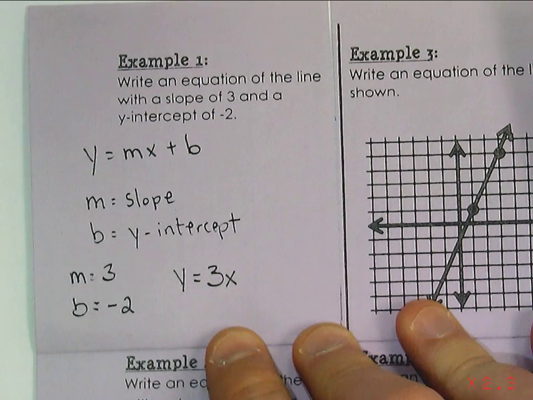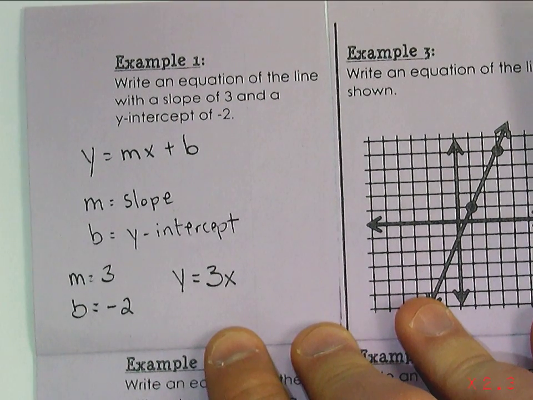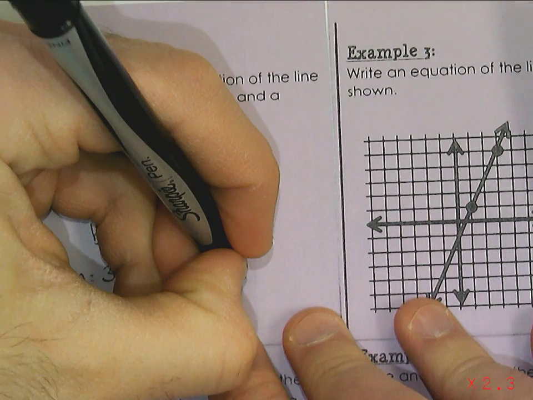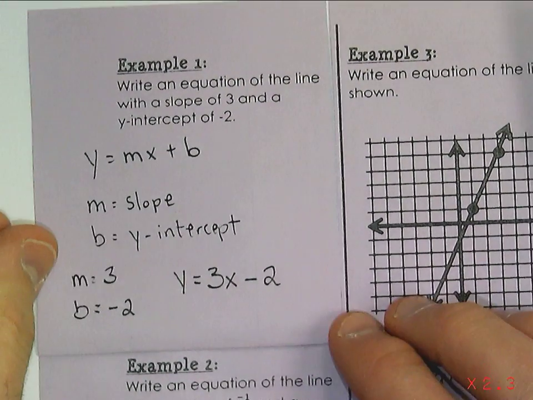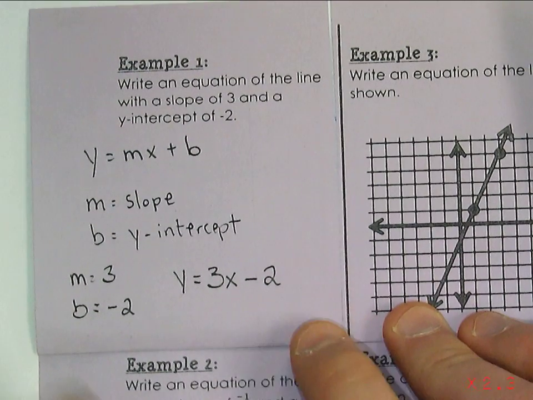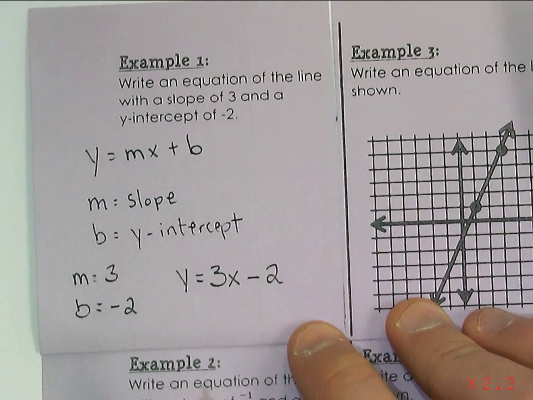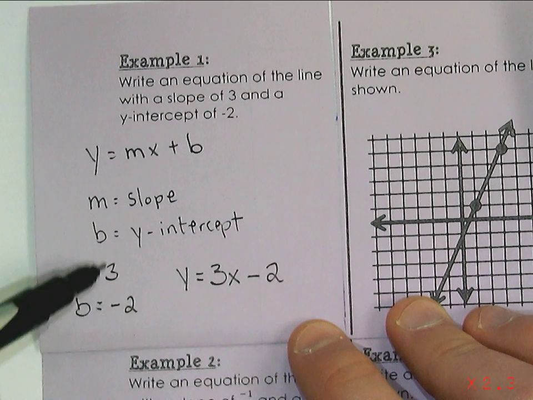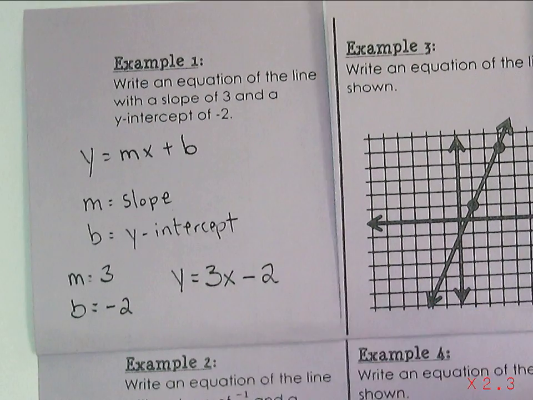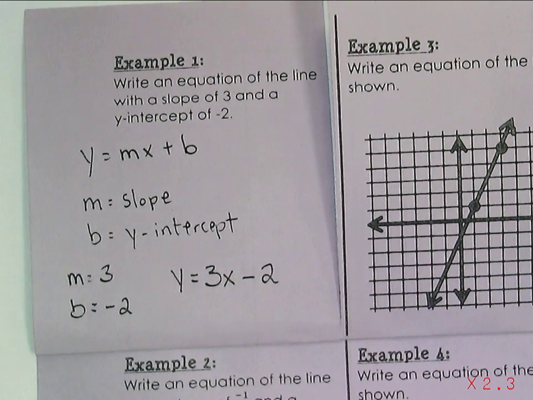You could say plus -2, but -2 and plus -2 are the same thing, so I'm just going to write -2. This is as challenging as this type of problem gets. If you're given the slope and the y-intercept, all you need to do is plug in those two numbers that you're given, and you're good to go with that example.